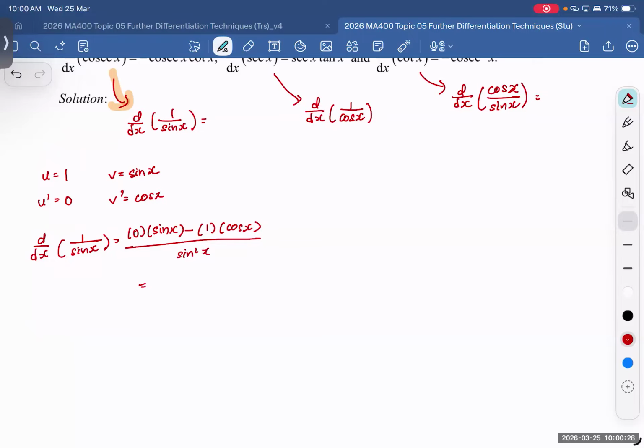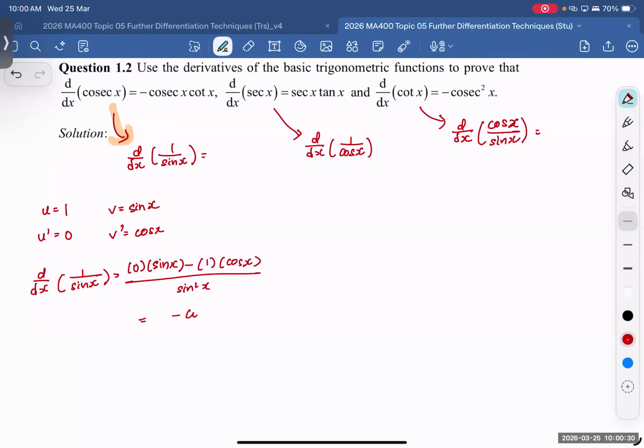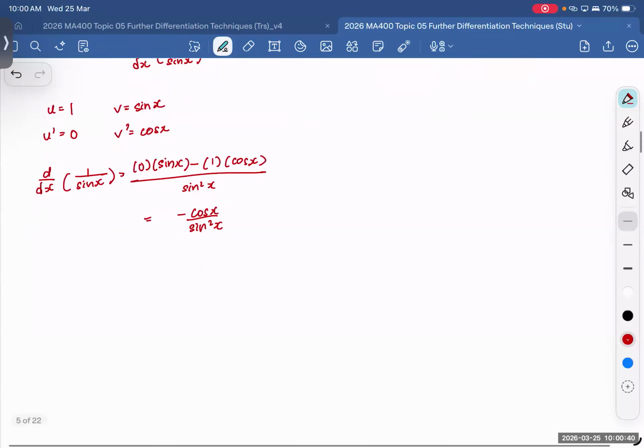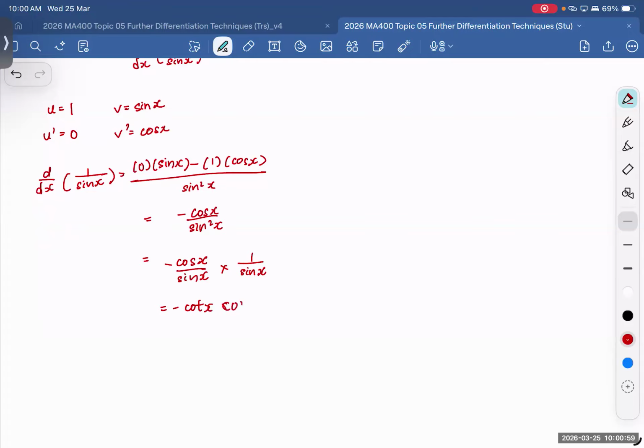What does that give you? It gives you negative cosine over sine square. I split this up into 2 fractions. What is cosine over sine? Cotangent. What is 1 over sine? Cosecant. There you go. Easy peasy, lemon squeezy.